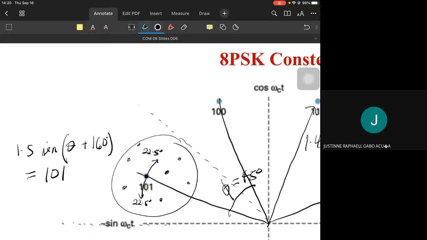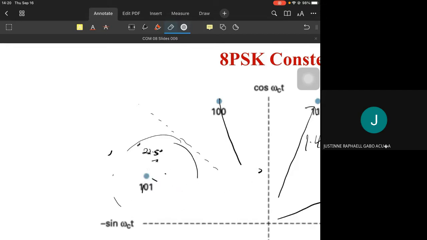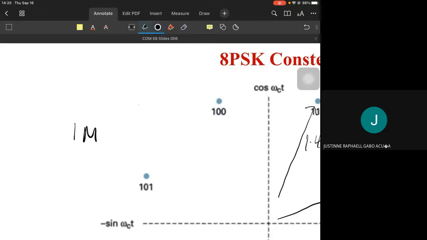So somehow the percent error is okay. Now, somehow this also tells us that the higher the modulation scheme, for higher M's, for M greater than 8 in this case, the range becomes smaller.